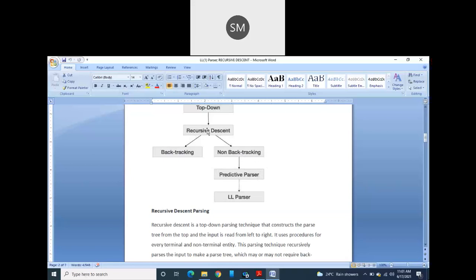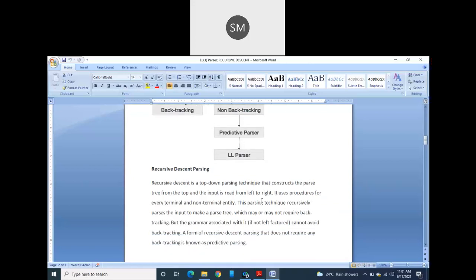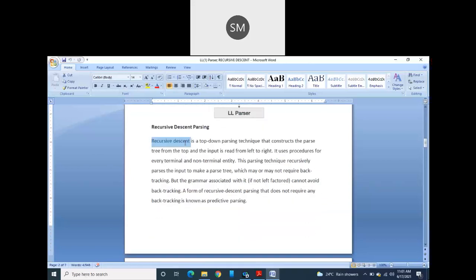So it is non-backtracking recursive descent. If it is not using any backtracking, then it is called a predictive parser, and it will usually appear in LL parser. So don't worry, I will tell you what recursive descent, backtracking and non-backtracking are.